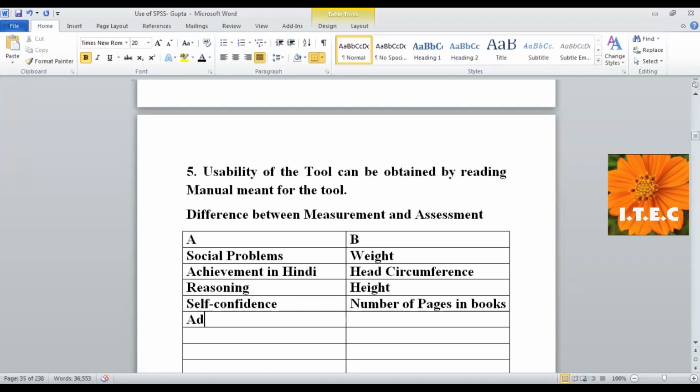Here it is adjustment. Here it is number of words per line. Here is, and here it is temperature.